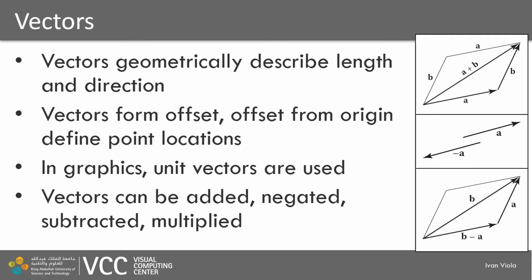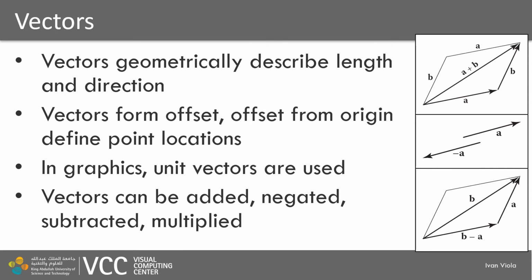We take the vector a and place it somewhere, and at the end of its offset, we place the vector b. Then if we connect the beginning of the vector a with the end of the vector b, we obtain the vector a plus b as the result. So this is how the sum of two vectors is defined.